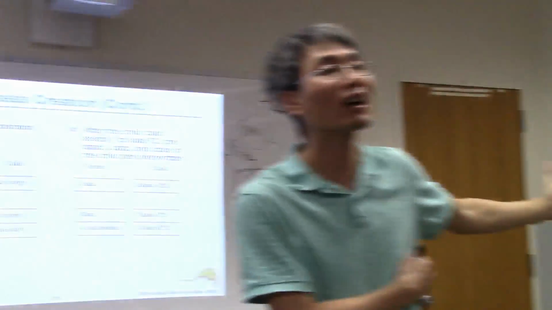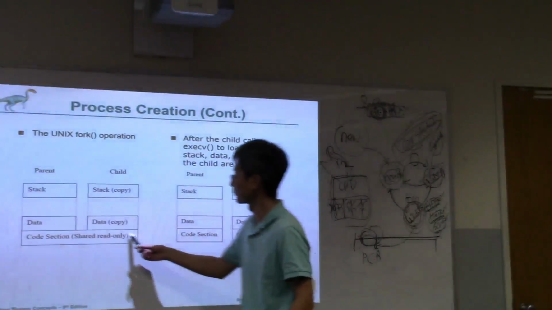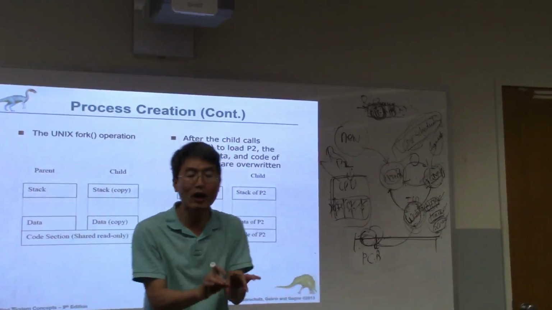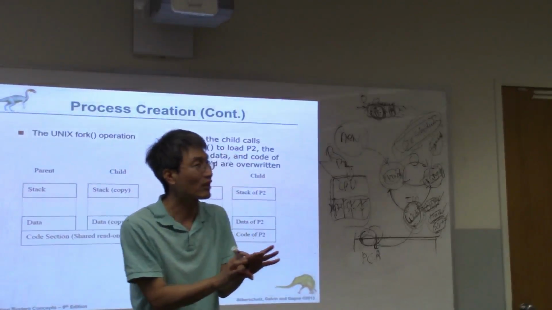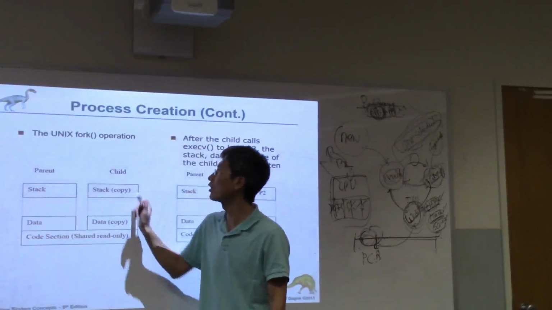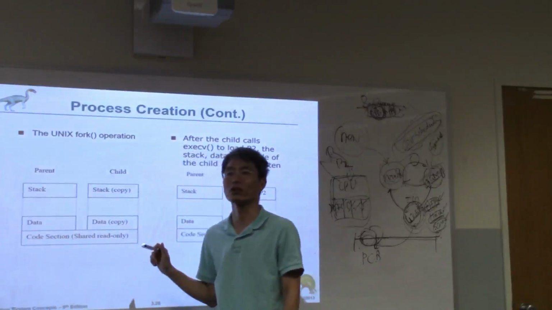But in process creation, creating includes 2 steps. The first step is copy, clone. They share even the code part. What is the code section? Instructions. It's the same thing. When I type the PS command, it doesn't matter where you are. It's just copied exactly in the memory. Even the code part will be shared.